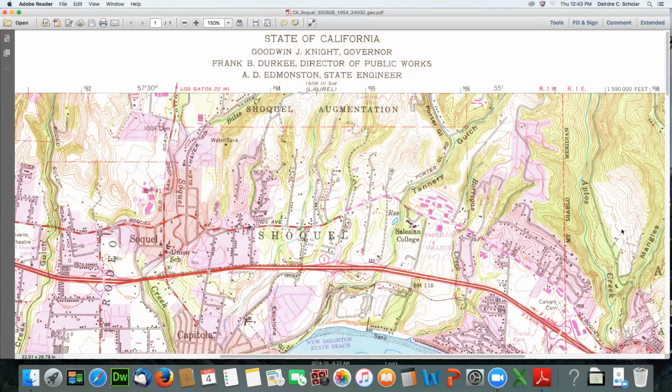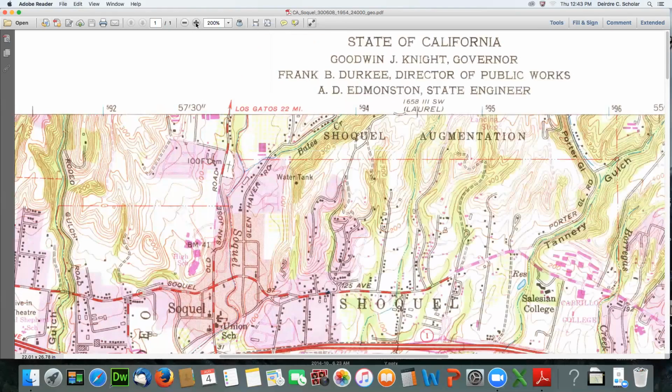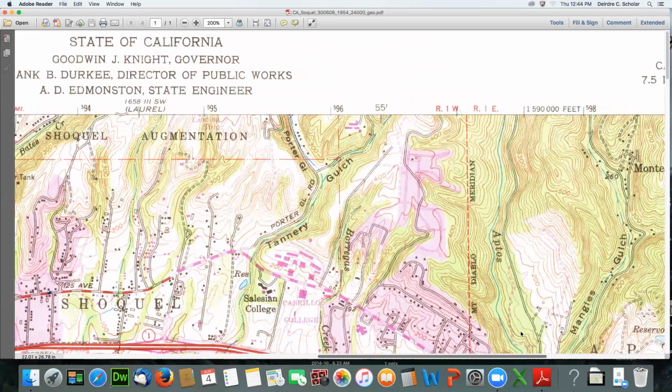So these index contours are also on a regular interval pattern, and we can determine that by looking for two index contour lines, and I'm going to use these two here.